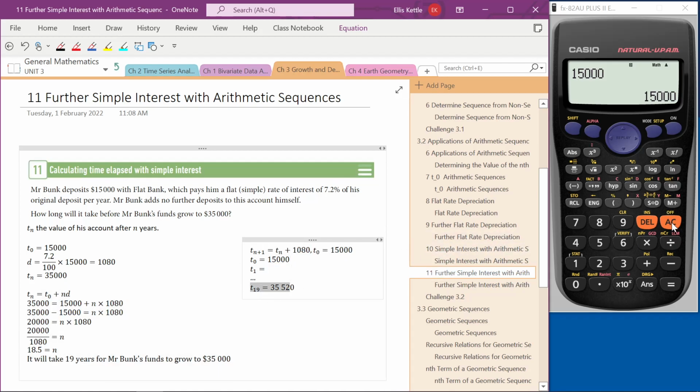And so we'd clear the screen, so 15,000. And then answer plus 1,080. And then we can just go, that's 1. That was the one we wanted. It was 16,080. Okay. And usually you'd also show the one just before to show that it is the first one to work.